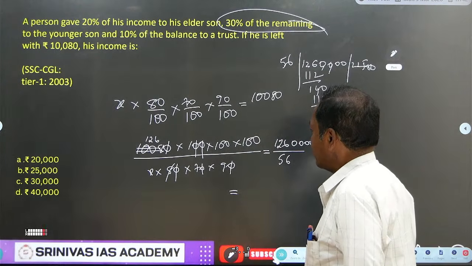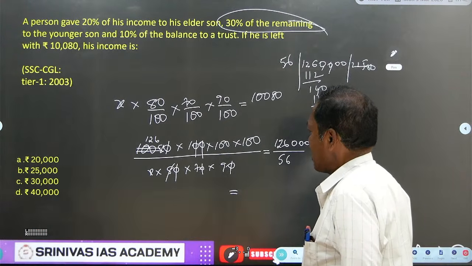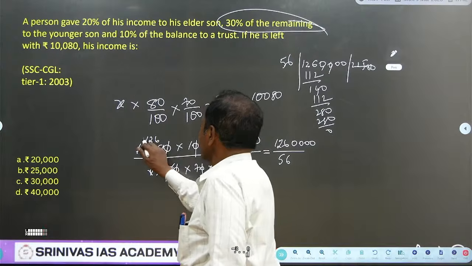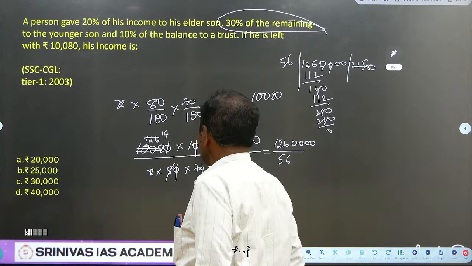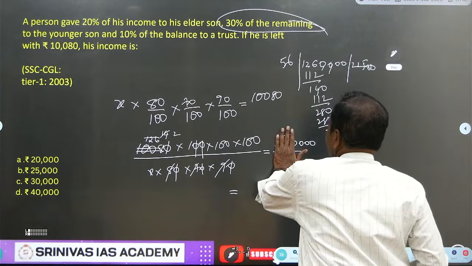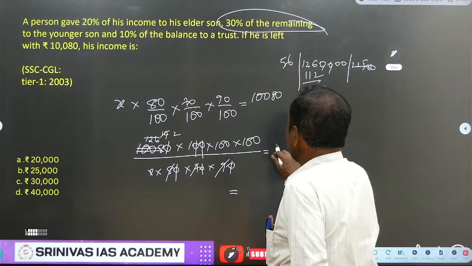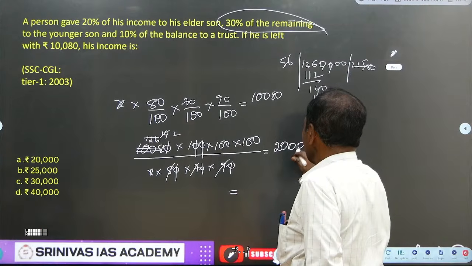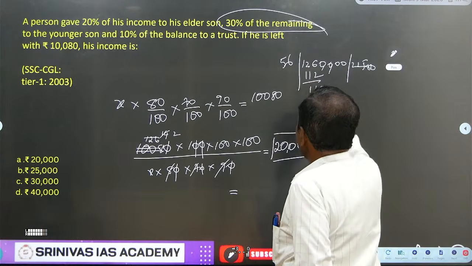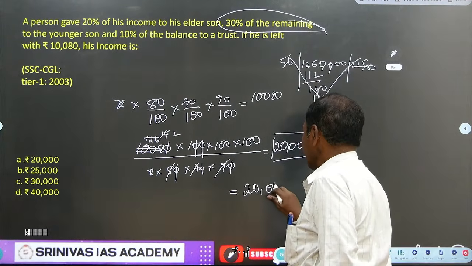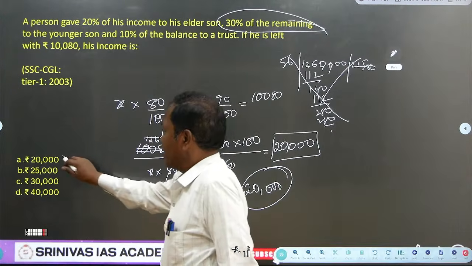Where I went wrong, really I do not know. Even if we take it out like this, 9 nines are 81, 9 fours are 36, 7 into 2, then it comes to 2 and 4 zeros. 20,000 will come. Somewhere I went wrong here.